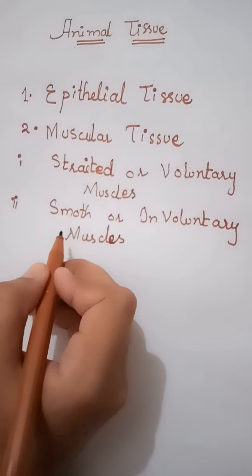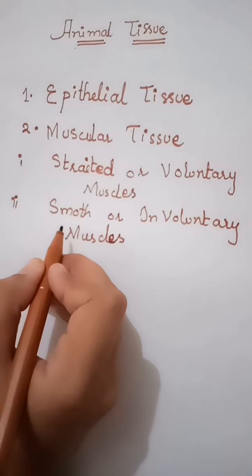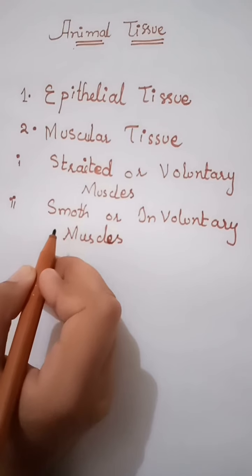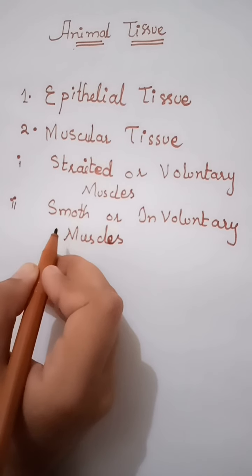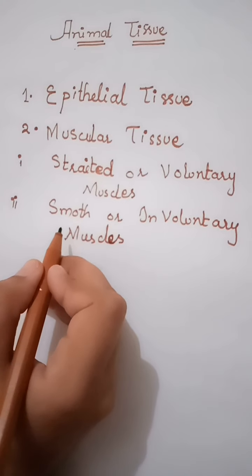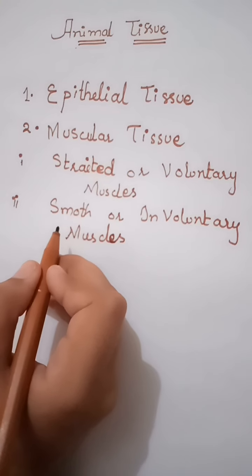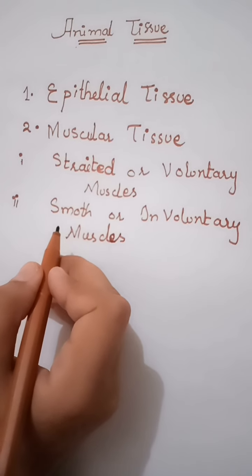They are involuntary because their movement is not under the control of our will. This type of tissue is in the walls of blood vessels, alimentary canal, urinary bladder, etc.